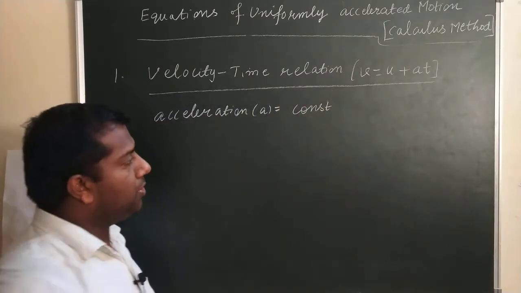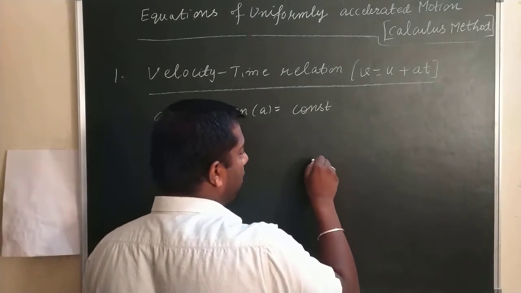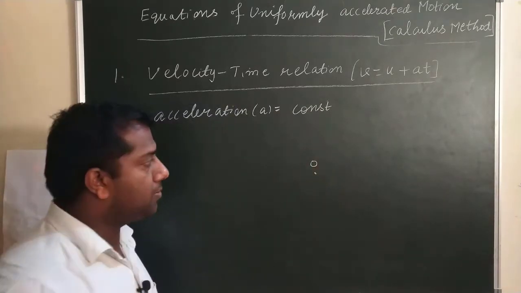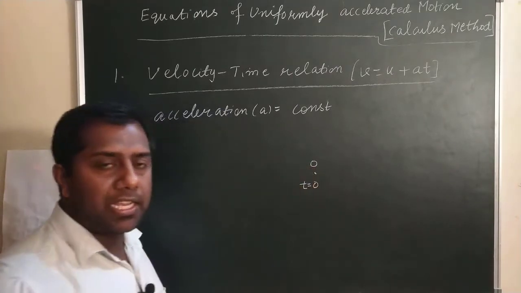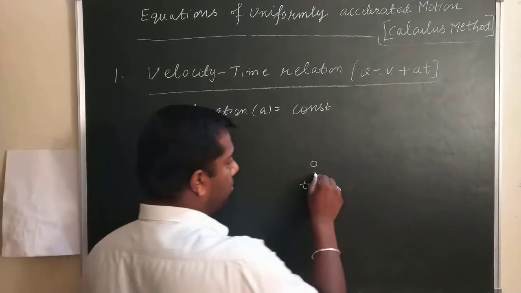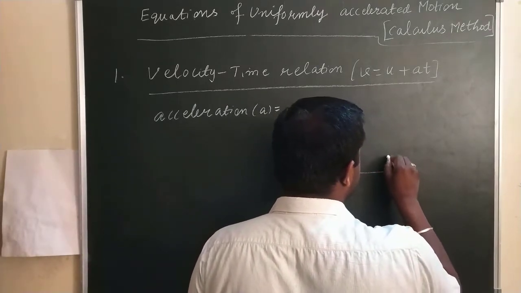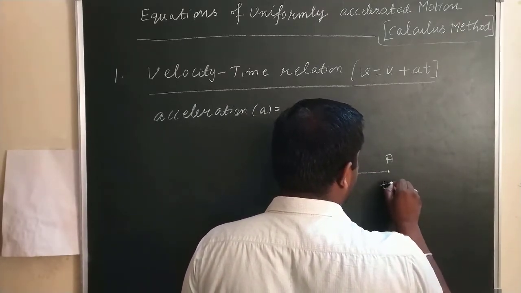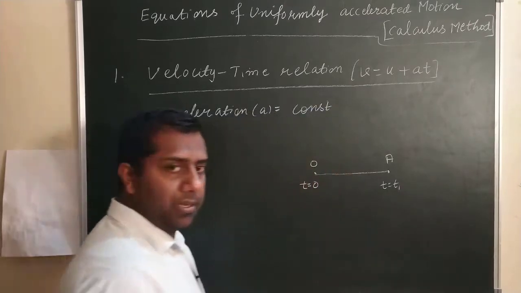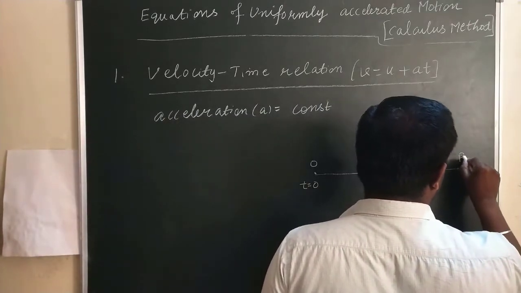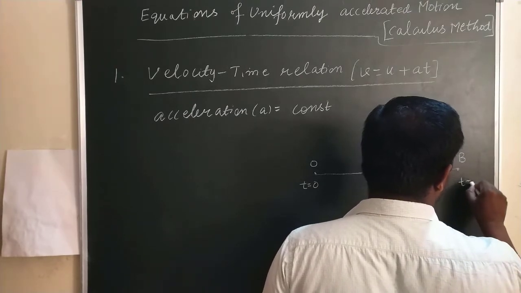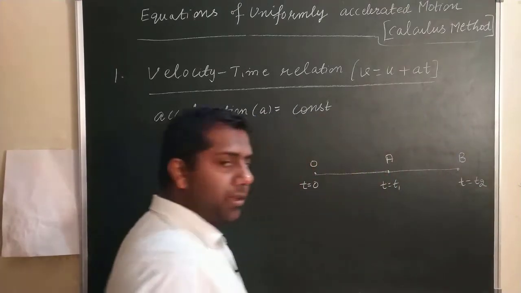Clear? So suppose we have an object that is starting its motion from the point O. Let the time at the point O be 0. Suppose it reaches the point A after the time t1, clear? Then after time t2, it reaches a new point which is B, clear?